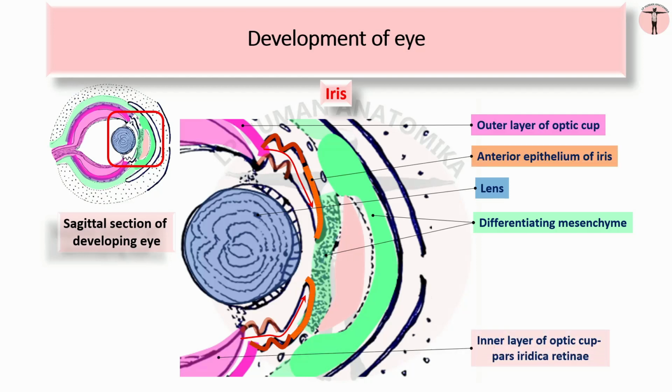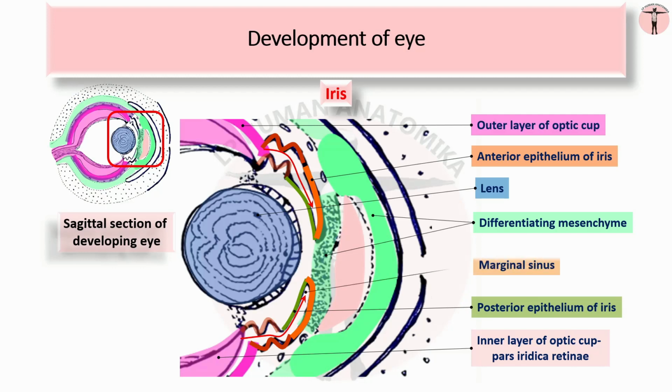The pars iridica retinae, which is a part of the anterior 1/5 of the inner layer of the optic cup called pars ceca retinae, forms the posterior epithelium of the iris. These layers remain separated from each other for some time by a space called the marginal sinus.